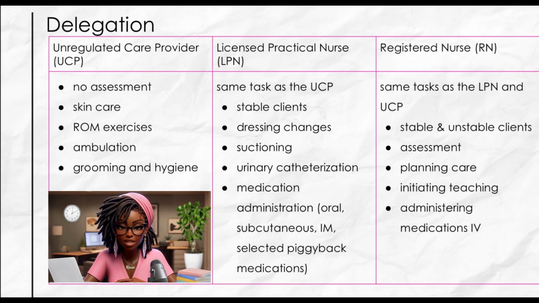So, just to break down examples of tasks that can be delegated based on the person's role. An unregulated care provider or UCP, sometimes called unlicensed assistive personnel or UAP, can be assigned tasks that do not require an assessment. They can assist with skincare, range of motion, ambulation, grooming and hygiene, turning, intake and output, oral care and feeding, etc., on stable patients.